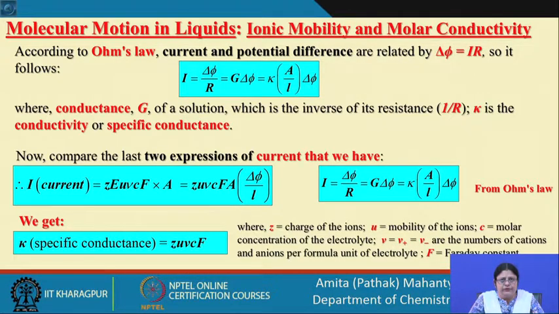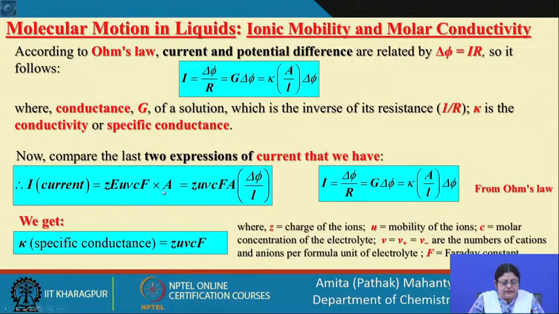We did not differentiate between the separate ions, but we have to understand that whenever we do the contribution, we have to take the contribution of the plus and minus ions individually. So, nu is the number of cations or anions per formula unit of the electrolyte. In this expression for current, this is the area of interest, the area of the window we are talking about.